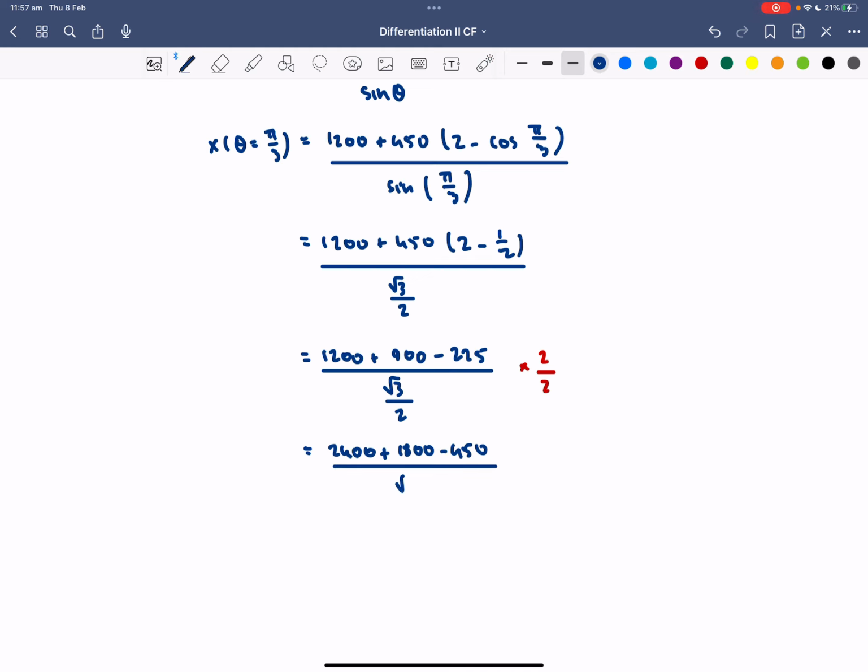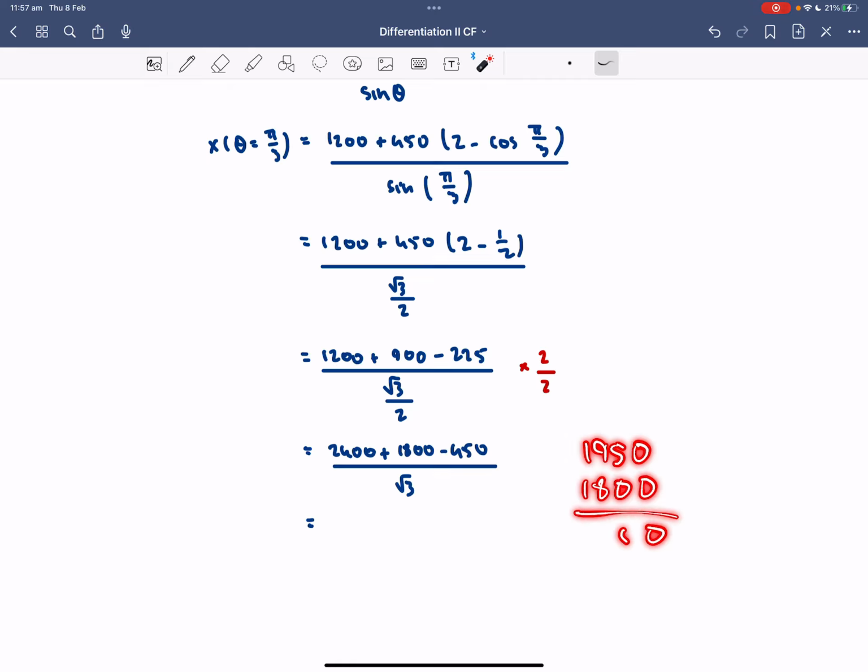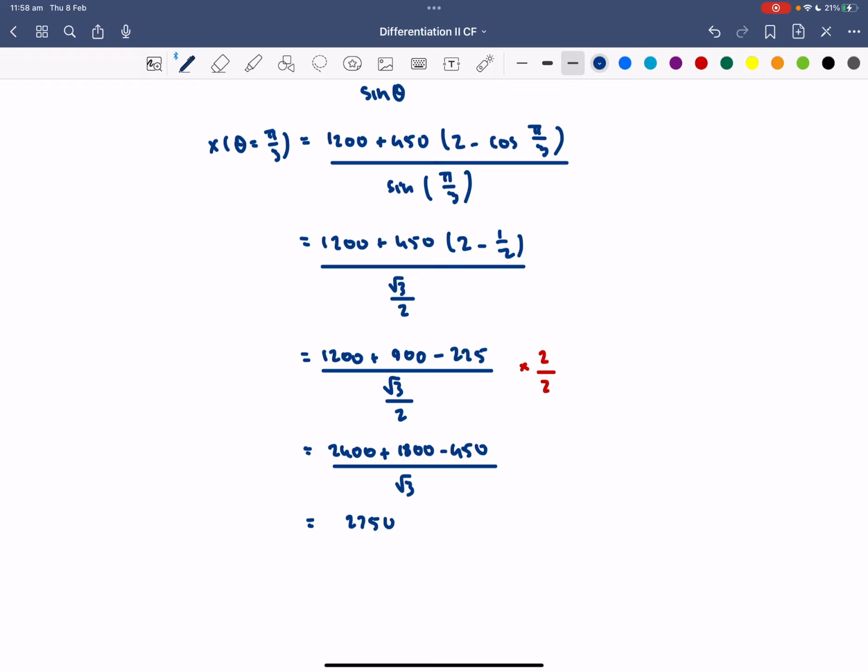So divide by root 3, which means that I have 2400 take away 450 is first of all 1950. Add another 1800 to that, and that's 2750. So that's 2750.